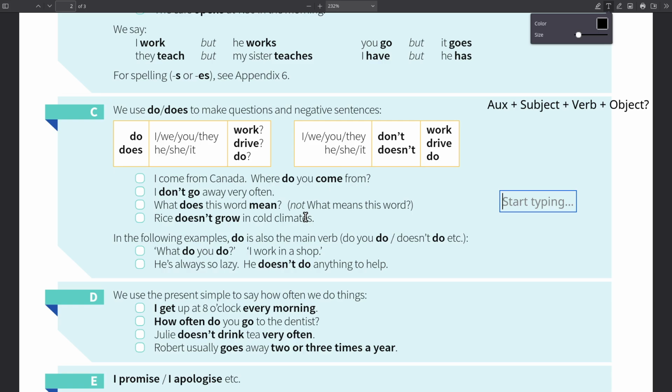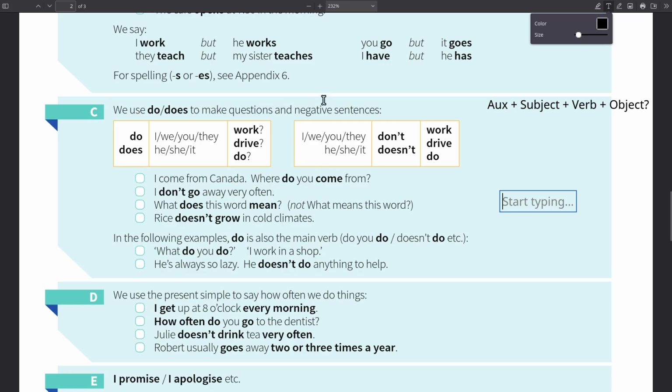But you see, it keeps the same structure. First of all comes the information word, in this case, where, what, who, or whatever. And then comes an auxiliary, then a subject, in this case, you, and a verb, come from. From is like an object, but it's part of the verb.